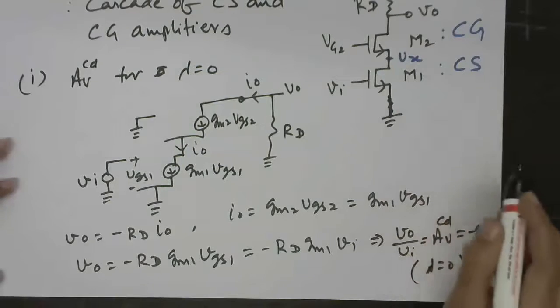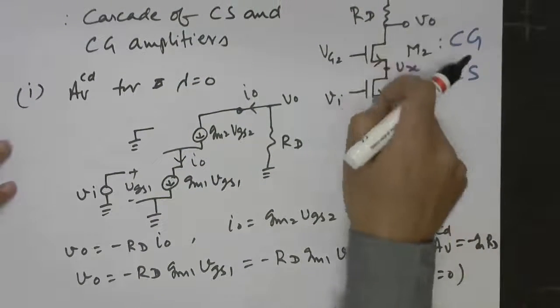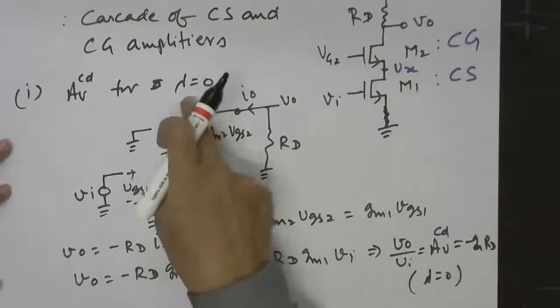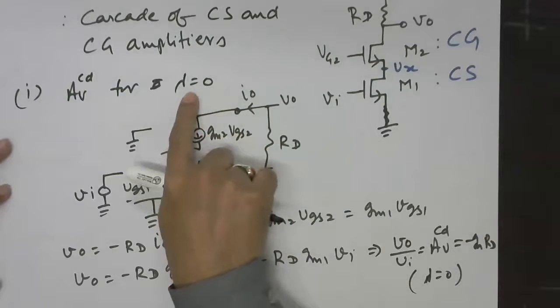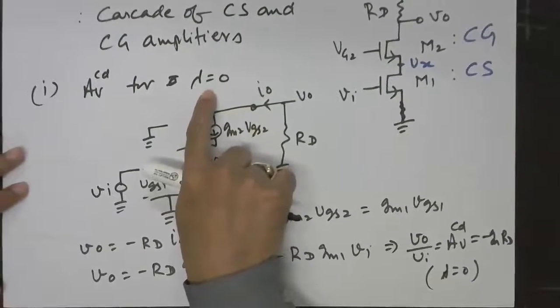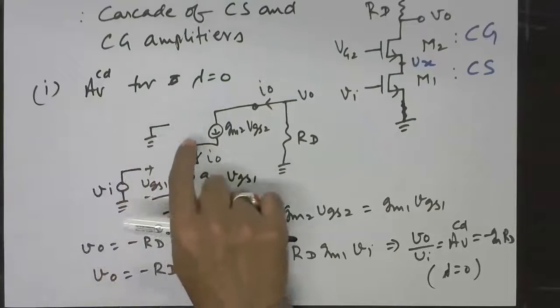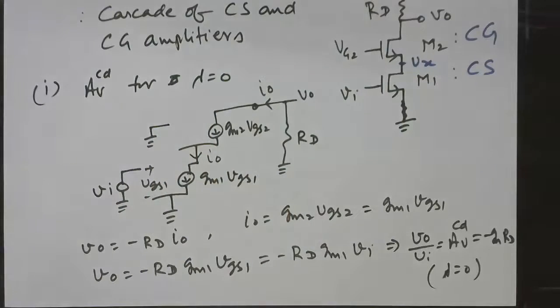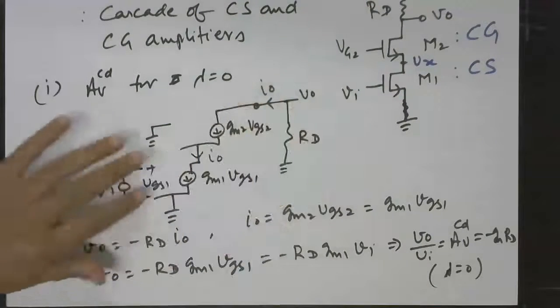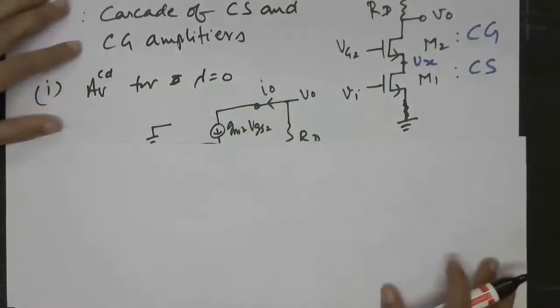So there is no advantage of using two transistors if this were true, which actually will not be the case in real life. So now we will take the real case, that means lambda is not equal to 0, and then try to find out the voltage gain of this configuration.